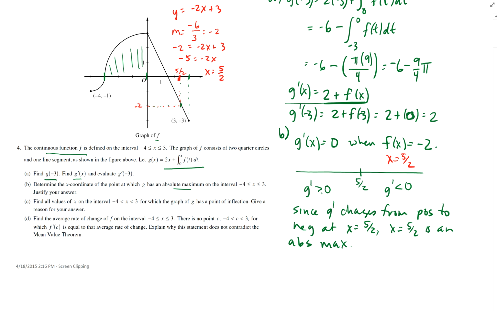I don't need to check the endpoints because, think about the curve, it's always increasing and then it's always decreasing. The endpoints are going to be definitely at the bottom here, so I don't even need to worry about those. Okay, so we're good on that one.